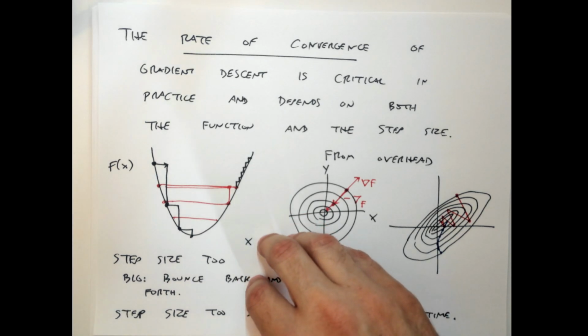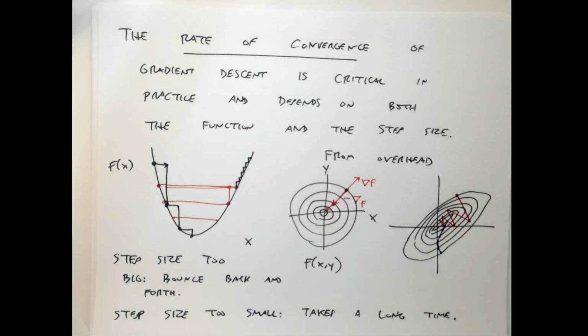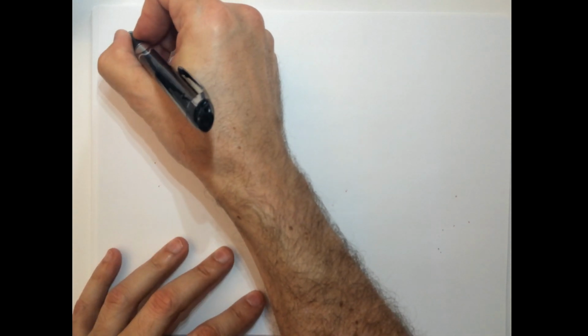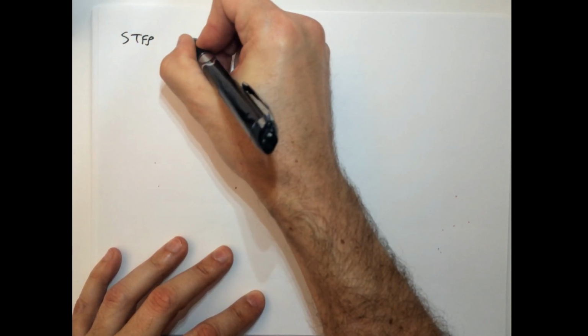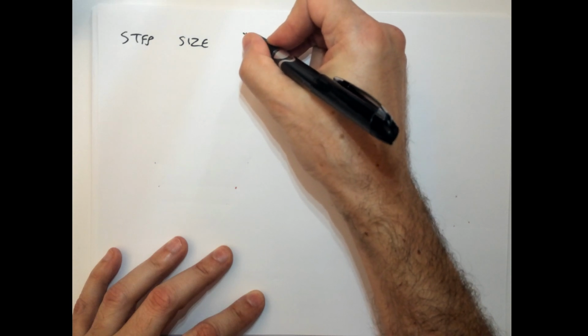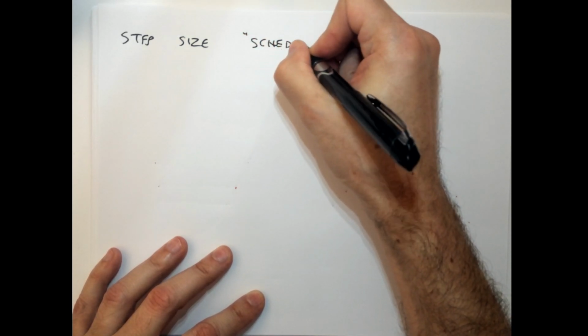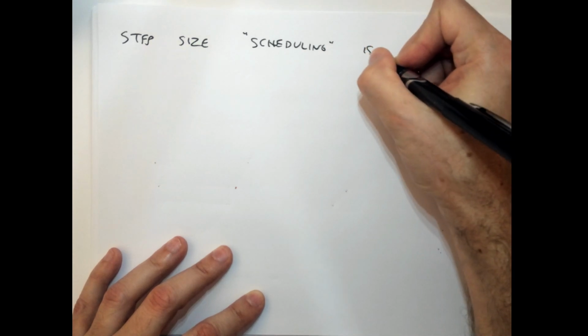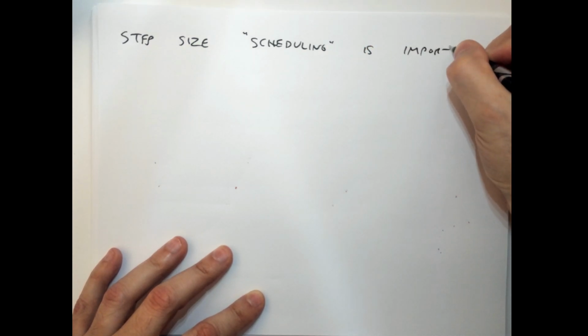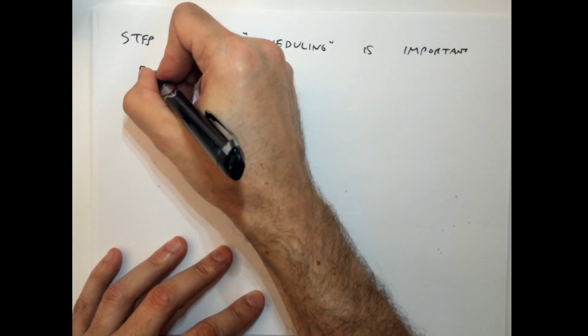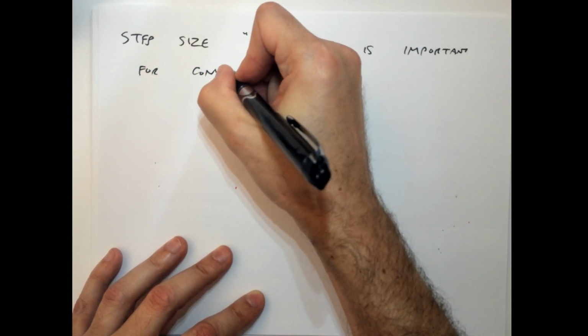And in fact, since I'm just talking about this, why don't I say this now? Step size scheduling is important for convergence.